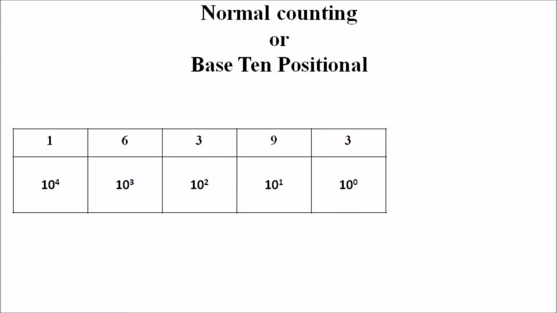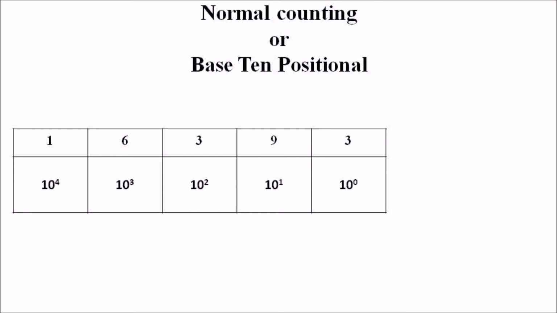Let us consider an example in the base 10 positional number system. The number is 16,393. Here the LSB, least significant digit, is 3 and the MSB is 1.